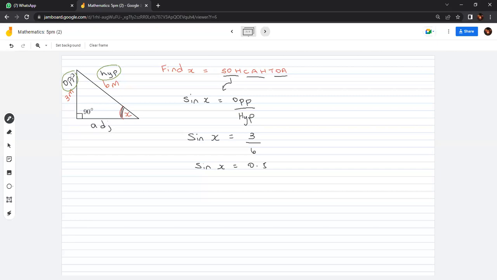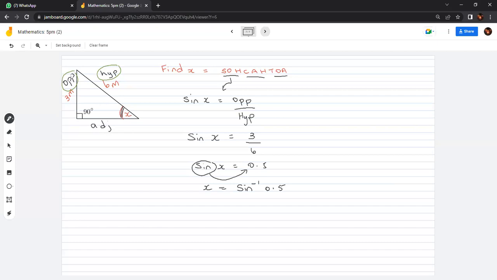But in algebra, anytime I want to find the unknown letter, I could carry everything else across the equal sign and perform the opposite operation. So we'll have x is equal to the opposite of sine is sine inverse. So when I carry across sine, I'll get sine inverse. If I carry across cosine, I'll get cos inverse. If I carry across tangent, I'll get tan inverse. So as I'm carrying across the sine, the opposite of sine is sine inverse. So I want to find out what is sine inverse of 0.5.